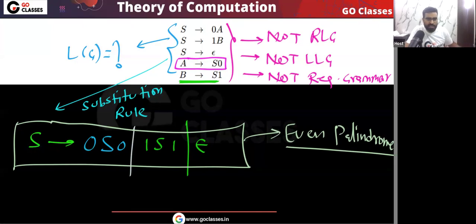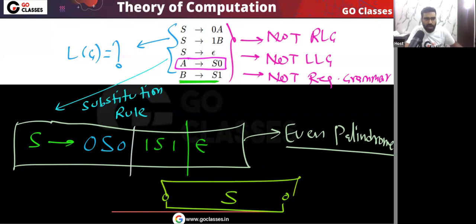It will generate strings such that if you start with 0, then you end with 0, and in between there is S: 0S0. If I replace this S with 1S1, then I get 1 1, so you can easily see I am getting a palindrome here.